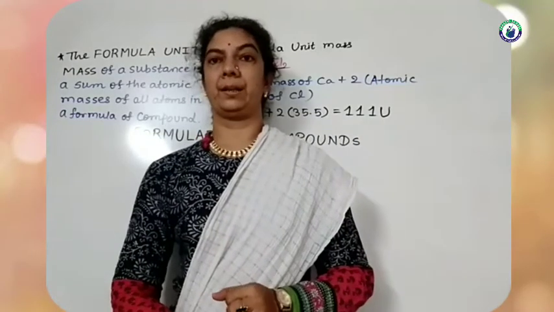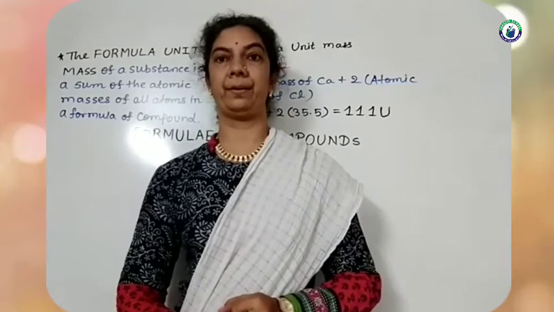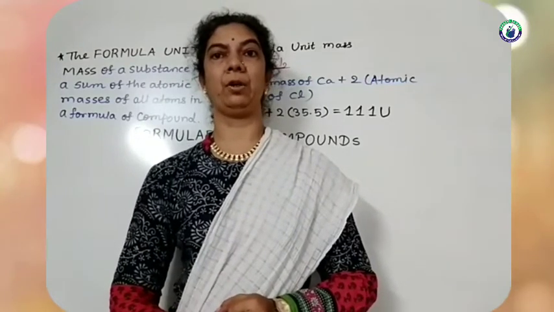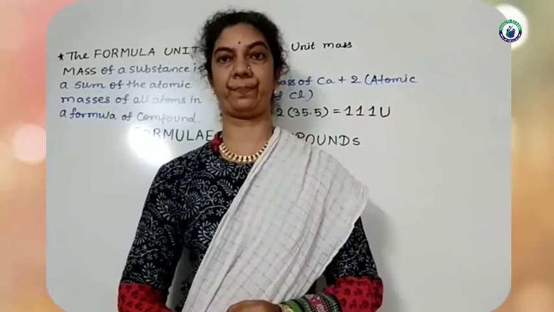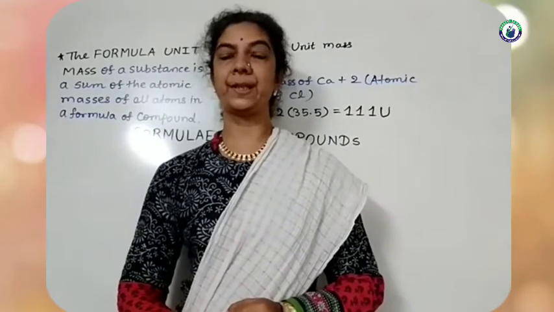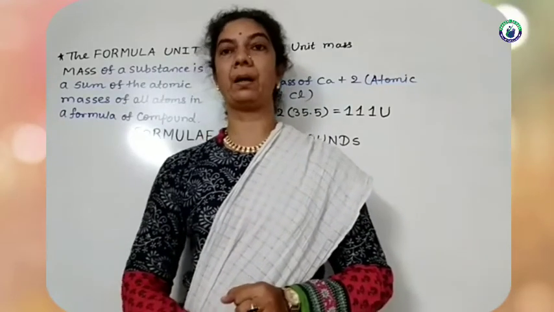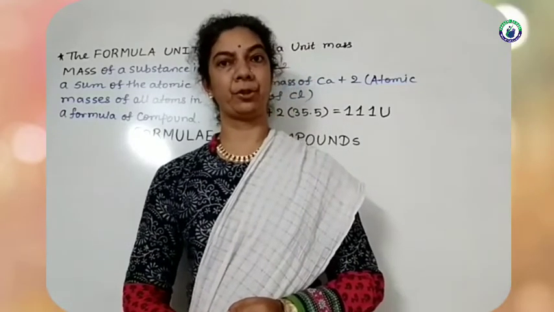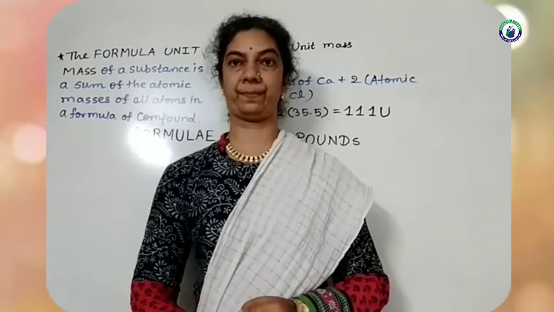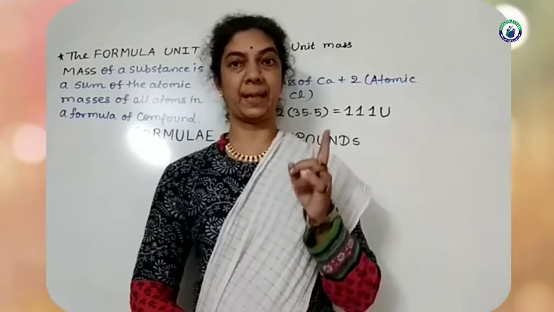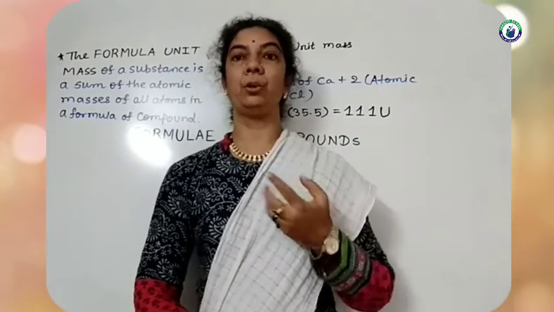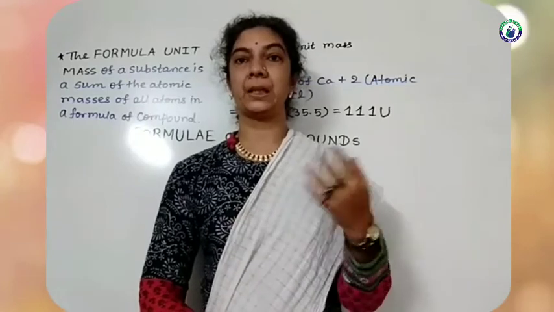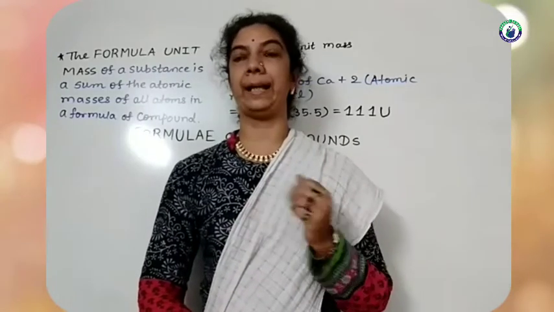Now let us learn how to write the chemical formula of the compounds. We have seen that a compound will have different types of atoms. So first step, we need to remember the symbols of all the elements.